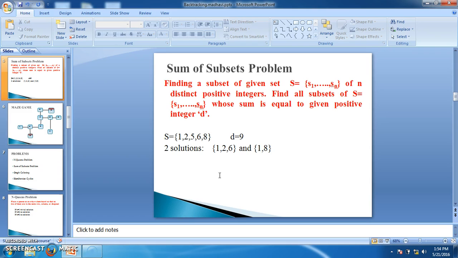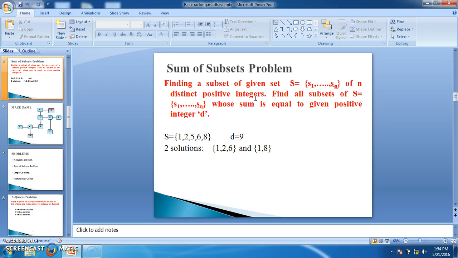Here the set S consists of n distinct positive integers. So distinct positive integers is nothing but the implicit constraint, because the set consists of only distinct positive integers, not any other numbers.